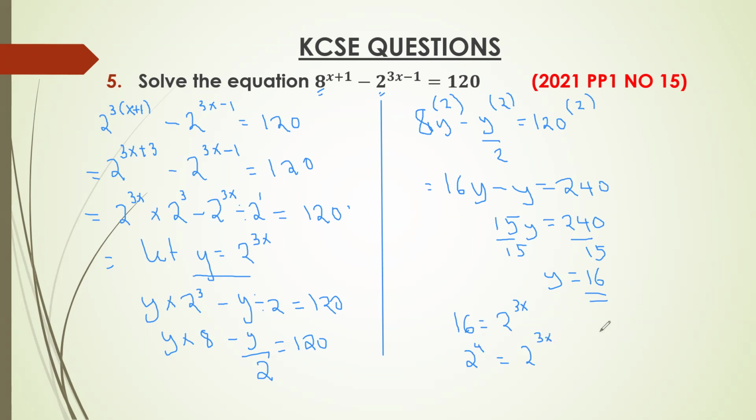Sawa. Alafu we equate now the powers. 4 equal to 3x and 3x equal to 4. So divide by 3, divide by 3, x itakuwa ni ngapi? Itakuwa ni 4 over 3. As simple as that.